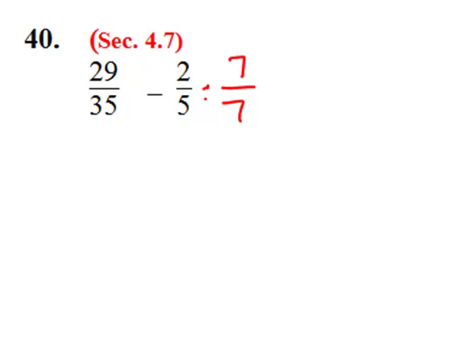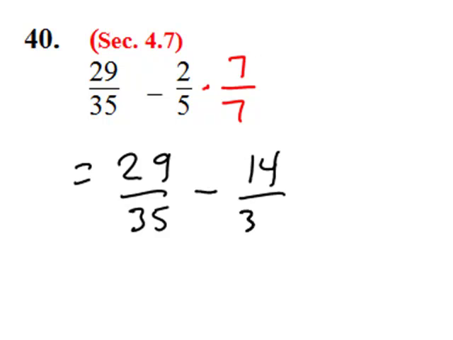And this will get us common denominators of 35. So we get 29 over 35 minus, here we get 2 times 7 is 14, 5 times 7 is 35. Now that they have common denominator of 35, we can subtract, and 29 minus 14 is 15.